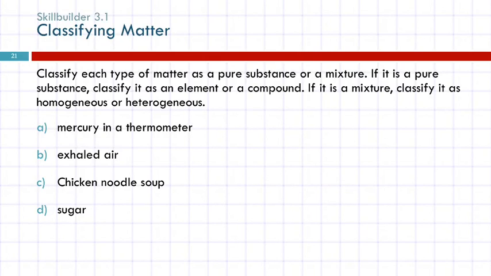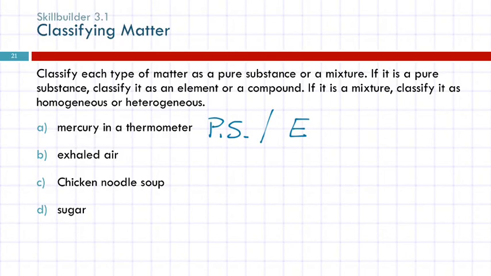So mercury is an element. Well, I kind of got that backwards. We were supposed to do pure substance or mixture first. I got sidetracked. I like mercury, it's cool stuff. So mercury is a pure substance. We'll call it PS.